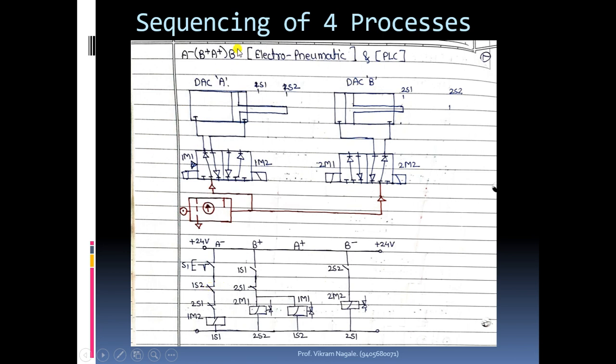What is the last output? That is B minus, so only 2s1 we are considering. We'll cancel out this 1s2 switch and discuss what will happen. The manual switch will be there, that is S1. This 1s2 we are neglecting, and only 2s1 we are considering for this system.